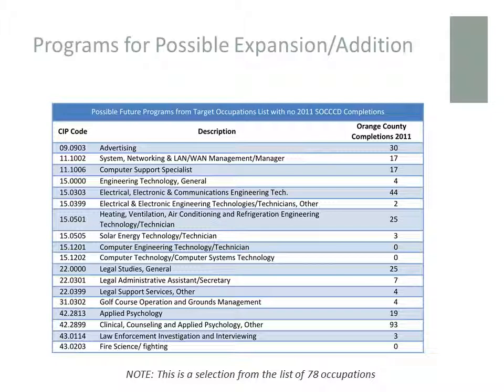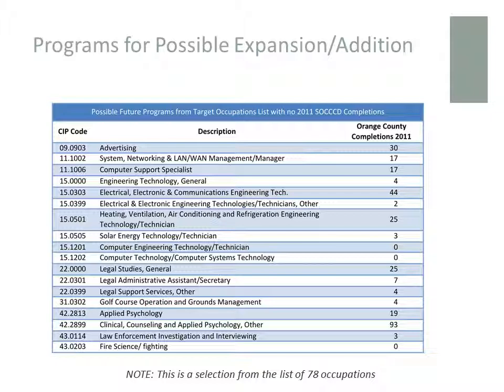So from that, and from the analysis of all the data that went before, with the openings, the completions, and the level of wages and education level, we created a list of programs that should be considered for possible expansion or addition.